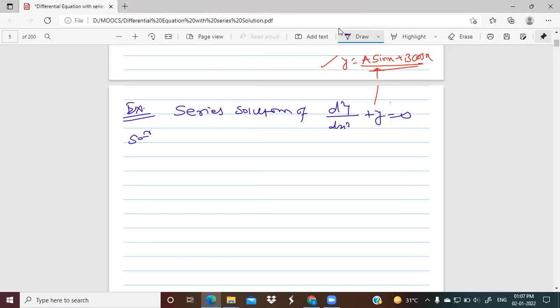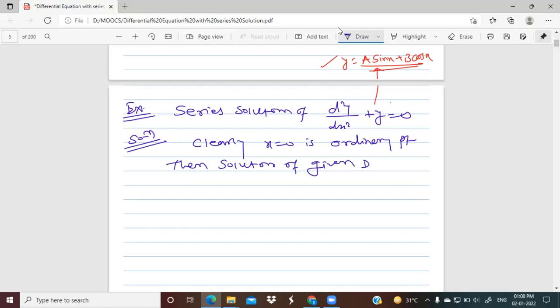For this method, it is clear that x equal to 0 is an ordinary point. If x equal to 0 is an ordinary point, then the solution of the given differential equation is directly written as a0 plus a1 into x plus a2 into x square plus so on.